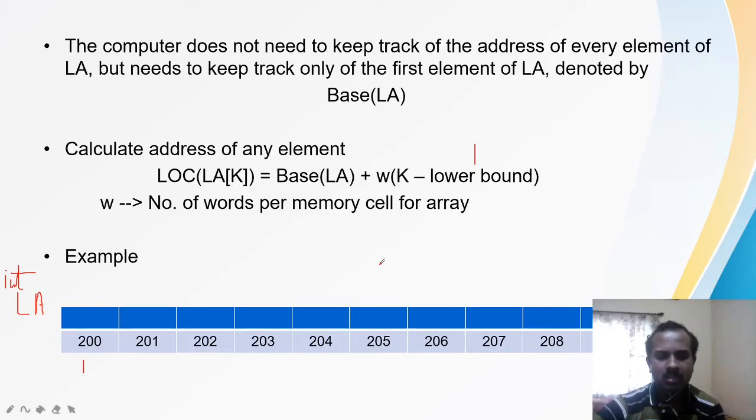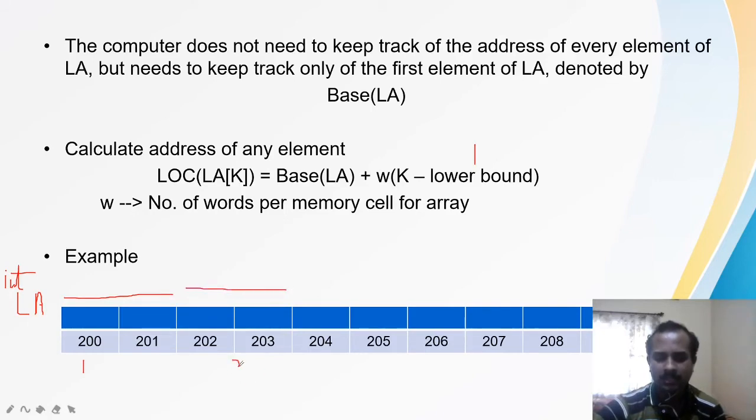Depending on your processor or your compiler, in certain cases it consumes 2 bytes and in certain cases it consumes 4 bytes, depending on whether it is 32 bit or 64 bit. For this example, let me consider it is taking 2 bytes. That means this is allocated to the first element. What about this one? This is allocated to the second element.